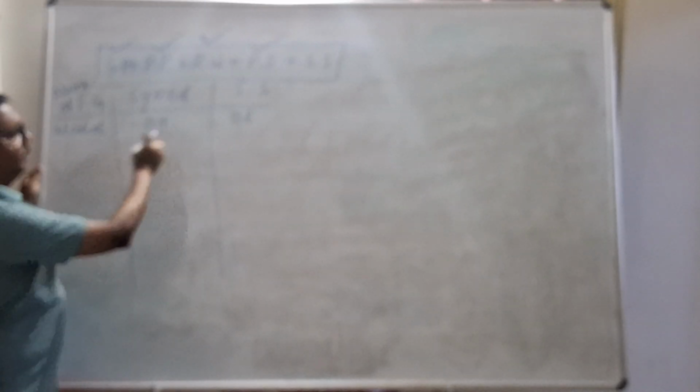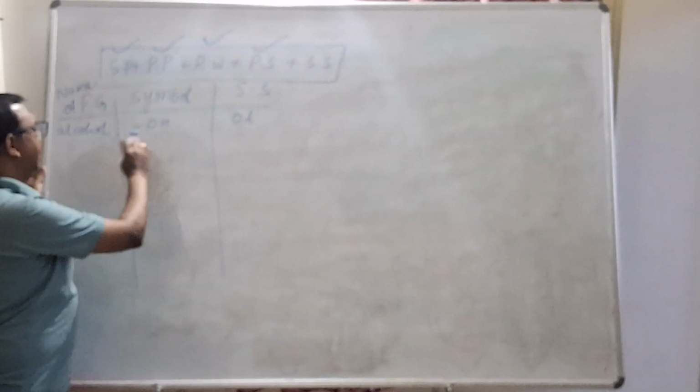The first one is alcohol. The symbol is OH, and it is named as ol. We write it as ethanol, methanol, propanol: ol for alcohols.